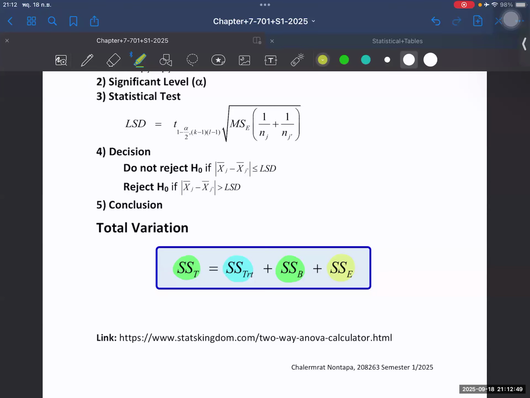So in one-way, you only see this term and this term because we have one factor, but now we have two factors, so we extend with the new one. So this is the second factor, okay? And this is the first factor, okay? Okay, this is the total variation.